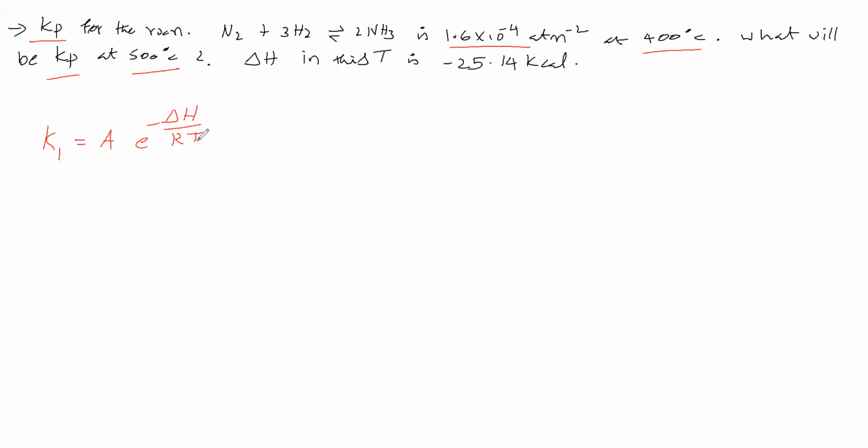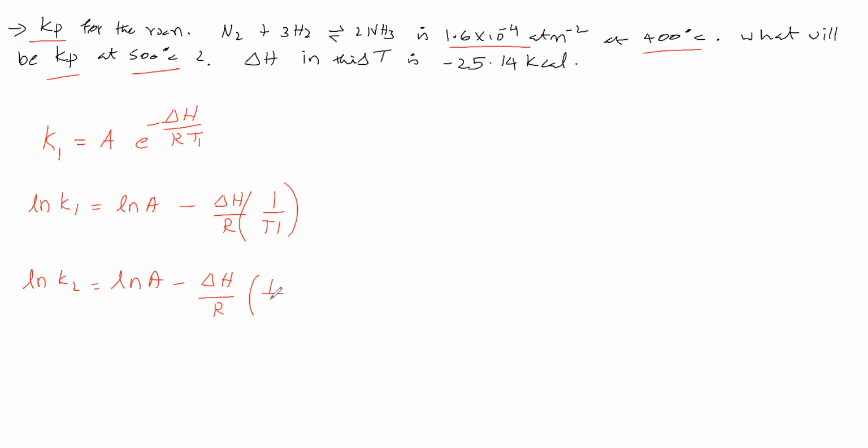We take K1 at T1. Delta H remains the same in the given temperature range, and A is constant. Then we will take logarithm on both sides. ln K1 is equal to ln A minus delta H by R into 1 by T1. Then ln K2 is equal to ln A minus delta H by R into 1 by T2.